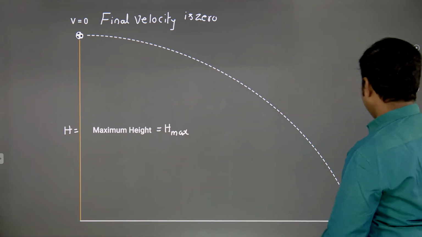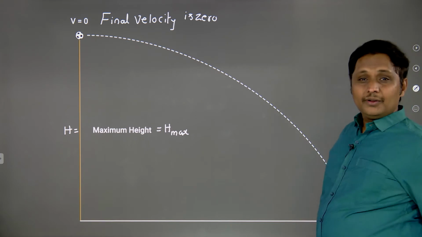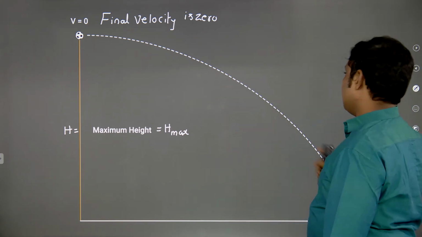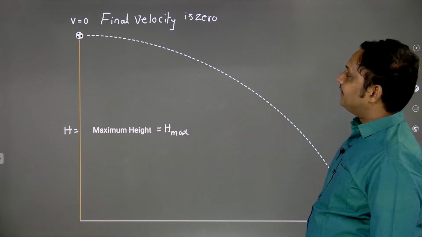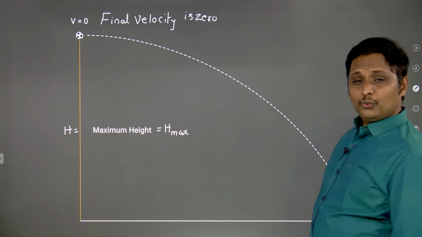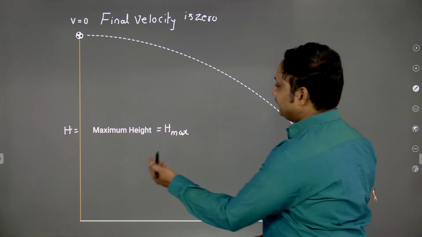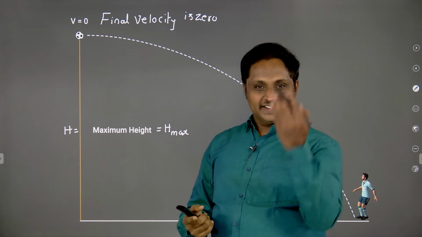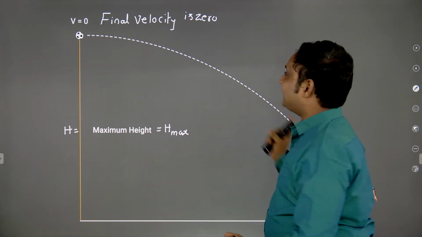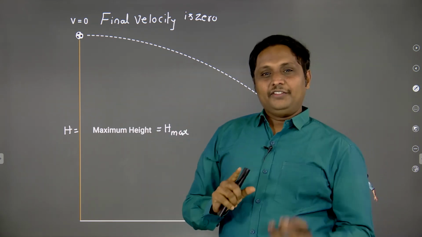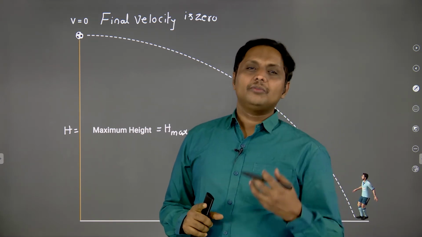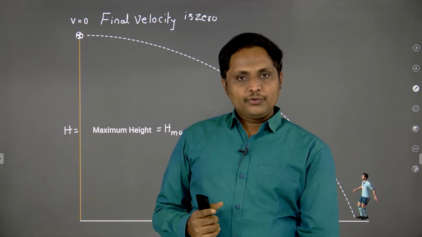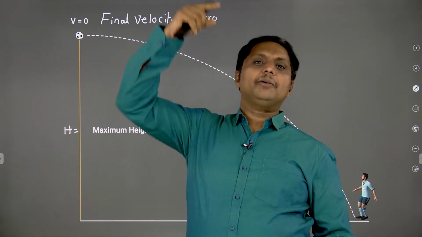If a body has been projected in a particular direction, if you project one ball at 90 degrees, it will reach the maximum height. It may also be projected at other than 90 degrees. Suppose you project a ball at 90 degrees, and it will reach the maximum height.